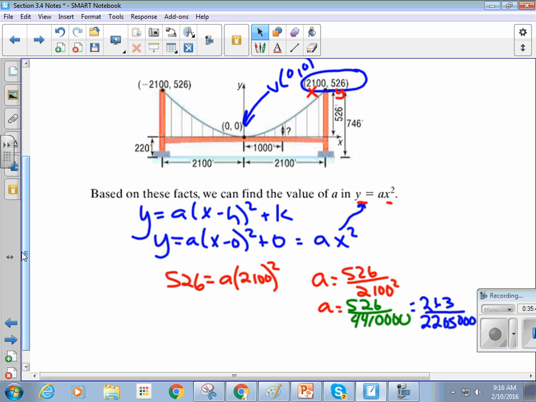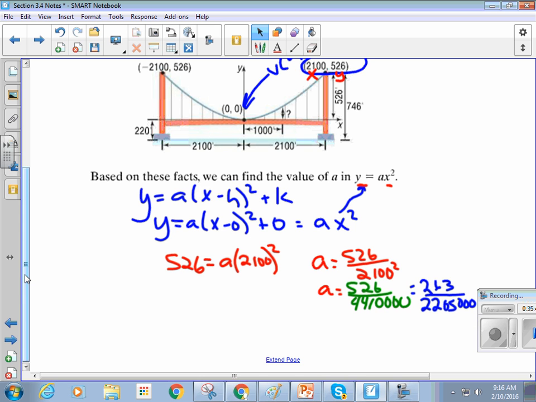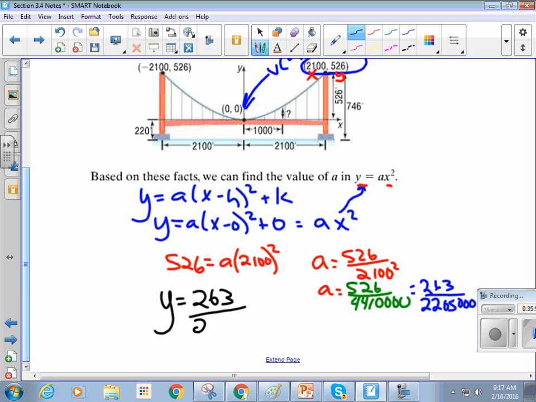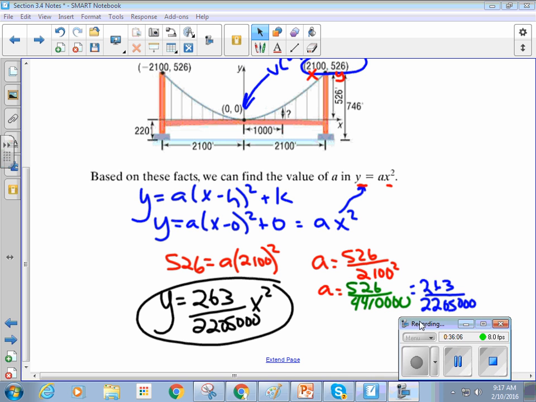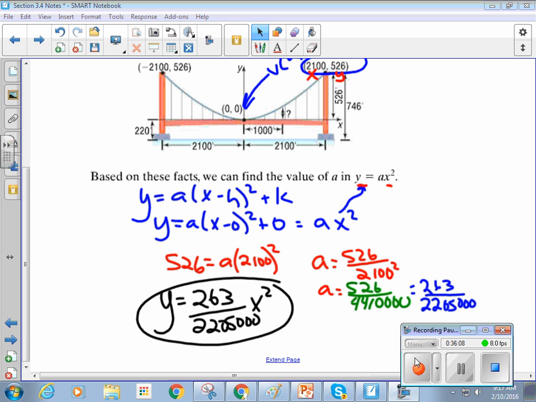So our equation for our parabola is y equals 263 over 2,205,000 x squared. That's it. If you center your parabola, so your vertex is at 0, 0, it'll make your calculations a lot easier.